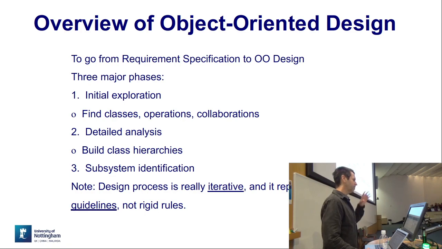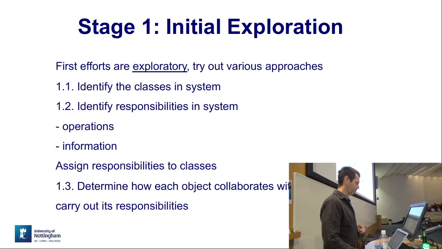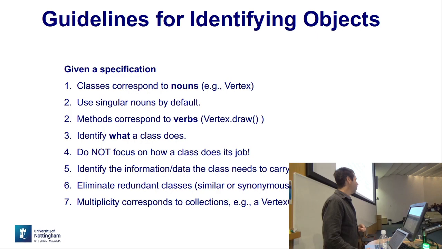And then we looked at this overview of the object-oriented design process, which was initial exploration, detailed analysis, and then subsystem identification. We talked about the initial exploration. Everybody knows that this slide is very important. It could even be useful, for example, on a test.